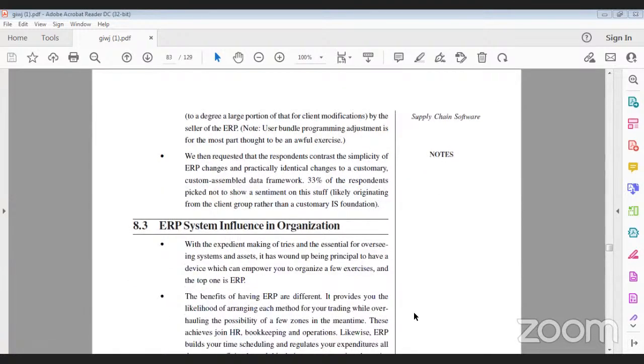With the expedient making of tries and the essential for overseeing the system and assets here, it has wound up that the benefits of having ERP are different.